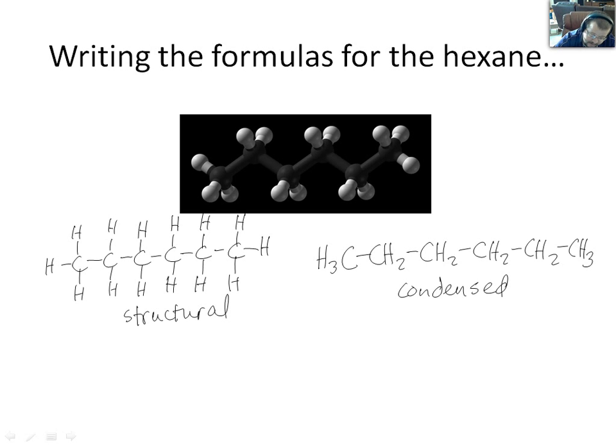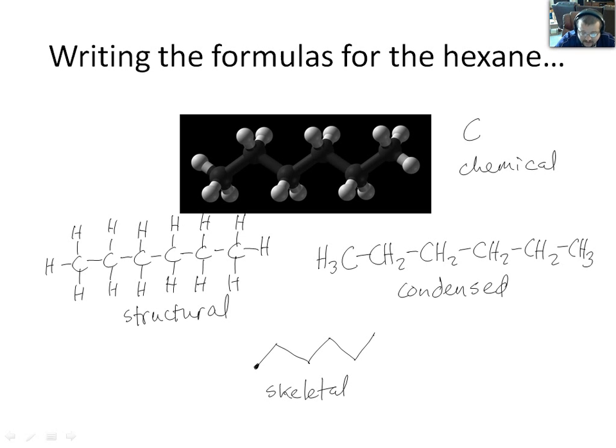And finally, the skeletal formula, which is the most straightforward to write. We need 6 carbons, so I'm going to start out with 1, 2, 3, 4, 5, 6. That would be my skeletal. And let's not forget where we started with all this. We had just the plain chemical formula, which gave the ratio of all the atoms.